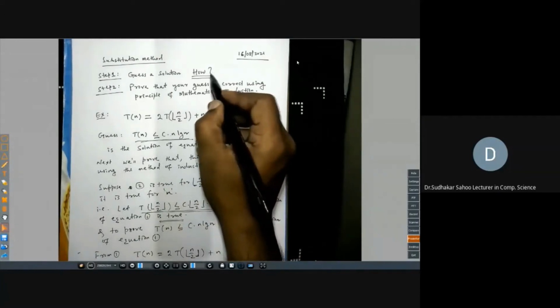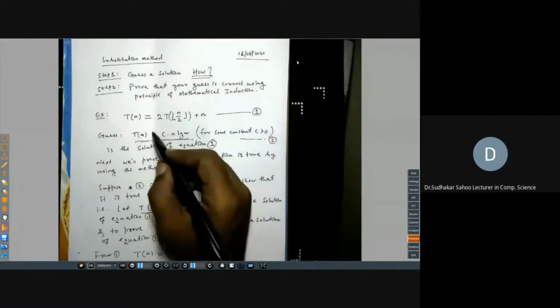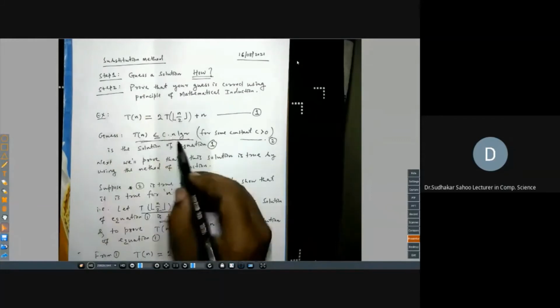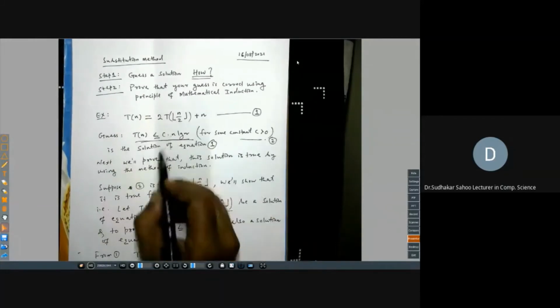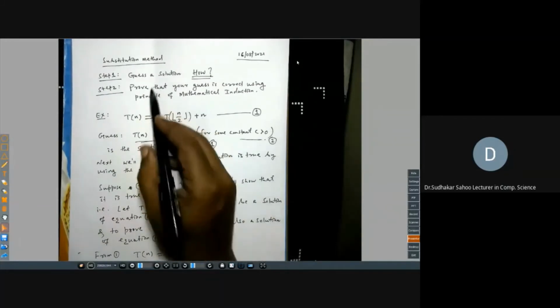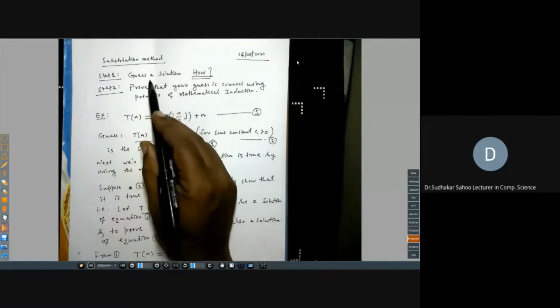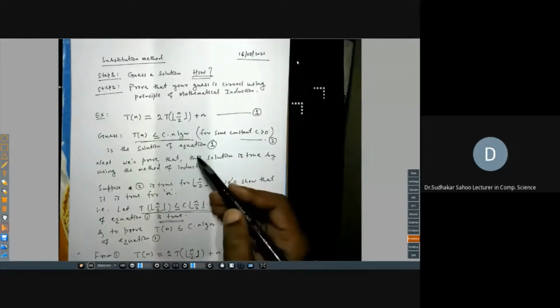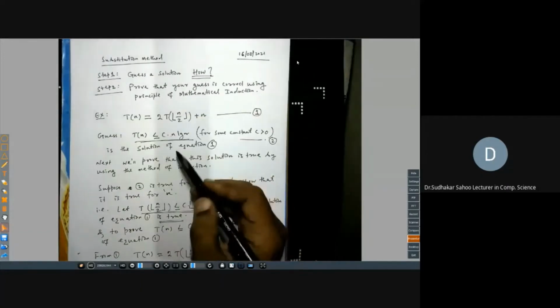Another way is your previous techniques, like the recurrence tree method or iteration method, which sometimes help you to give a better guess. Why have I immediately started this? Because in the previous class, using the recurrence tree method with that diagram, I have already seen that it is theta n log n.